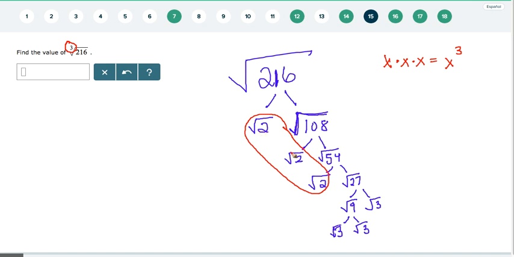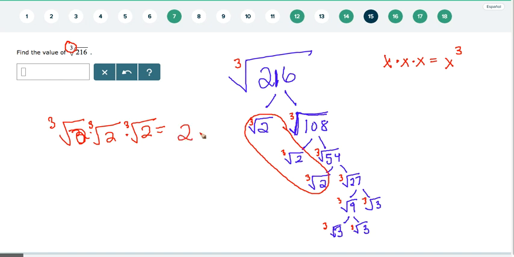Cube root of 2 times cube root of 2 times cube root of 2 actually equals 2. When you square root a squared number, they undo each other.